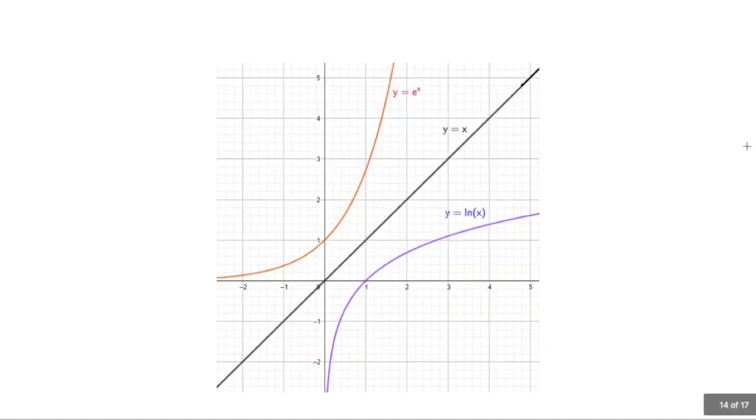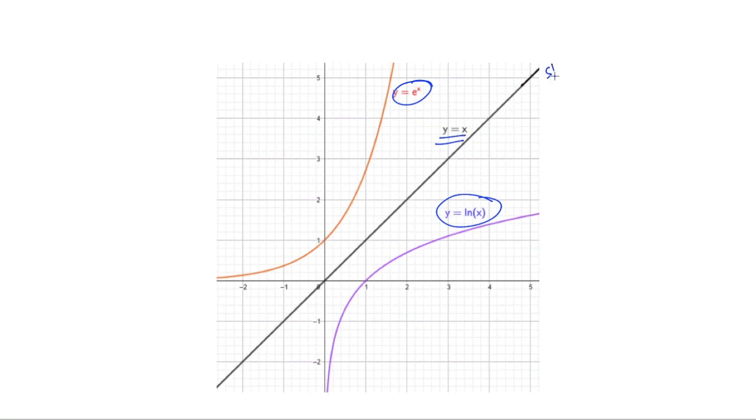Now you can see the difference between the exponential curve and the logarithmic curve. Both these curves are represented, and they are just like a mirror image of each other if you plot them against a straight line, which is y equals x. So the three functions which we have already studied have been shown in the same graph.